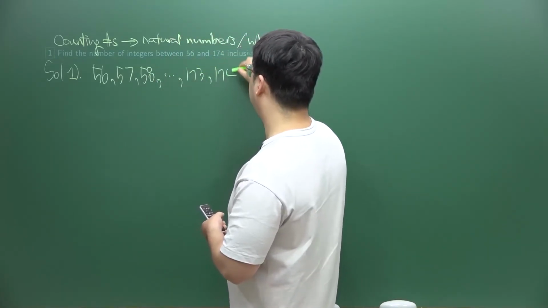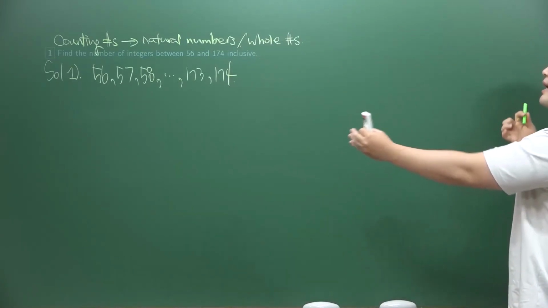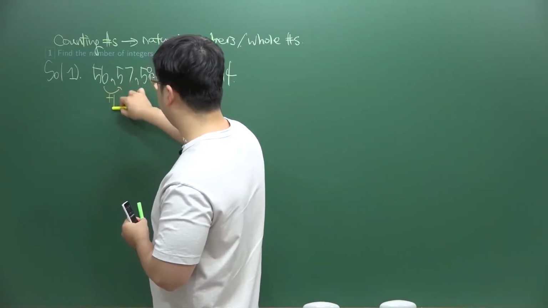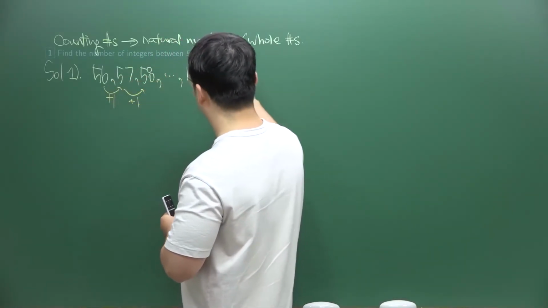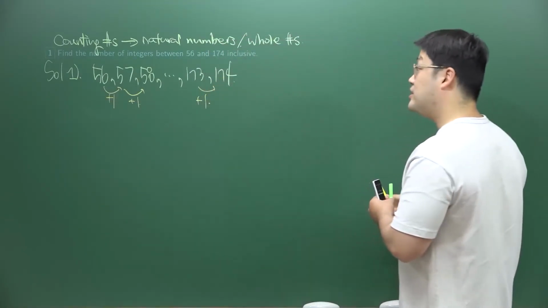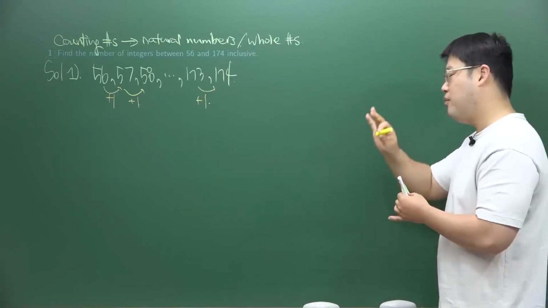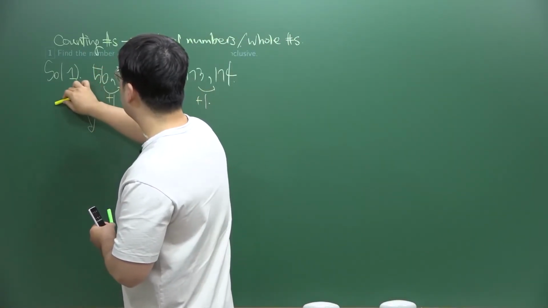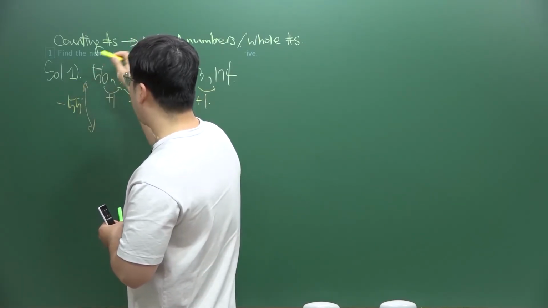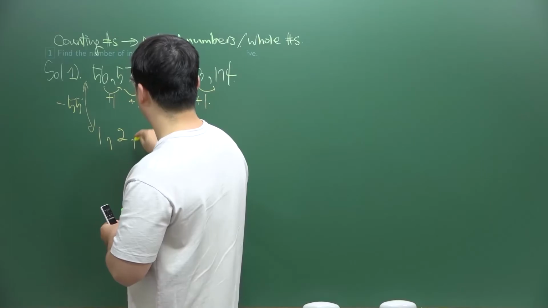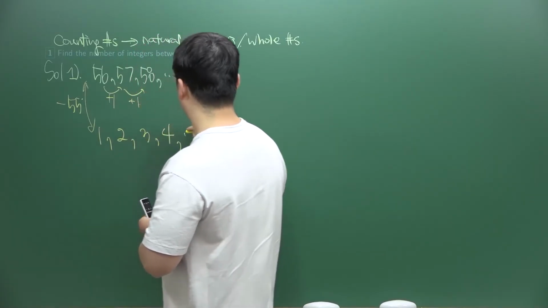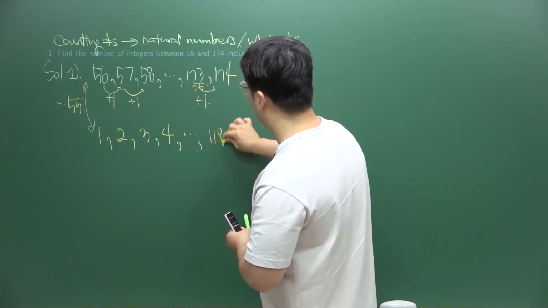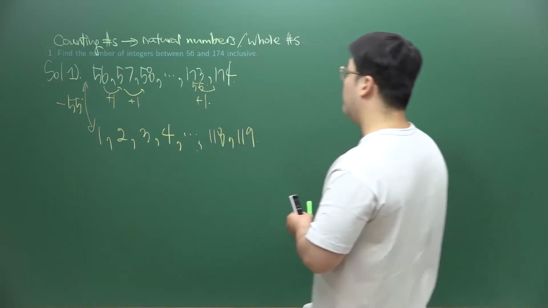After writing down the list of the numbers, I want you to look at the common difference, which is just 1, right? So what we're going to do is, oh no, we're not going to even divide this. We're going to subtract an equal number. We're going to subtract 55 from the top to the bottom. We have 1, 2, 3, 4, ... If you subtract 55 here, we get 118, and we get 119.